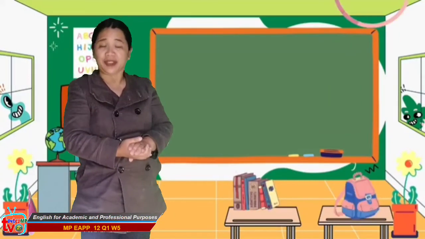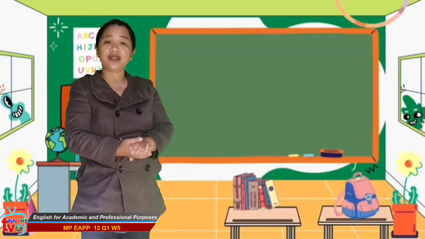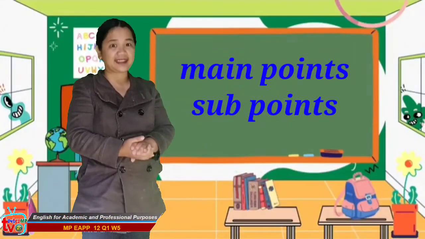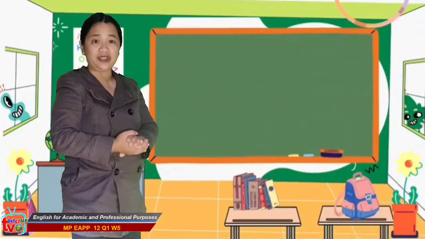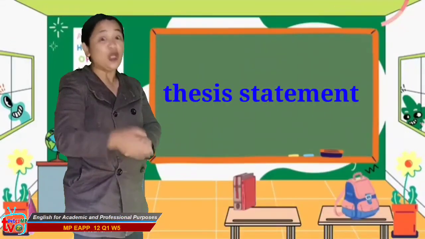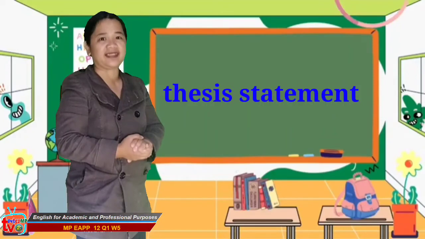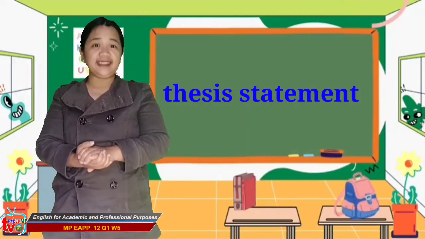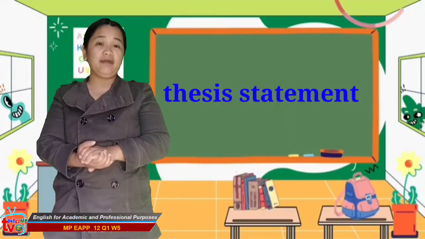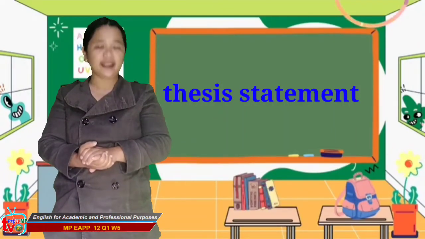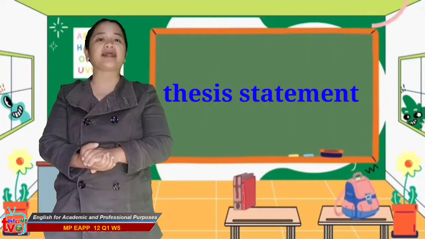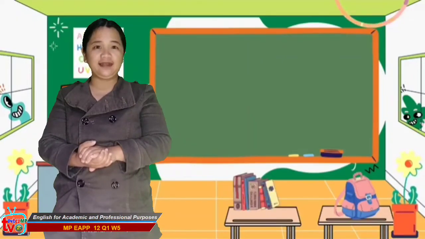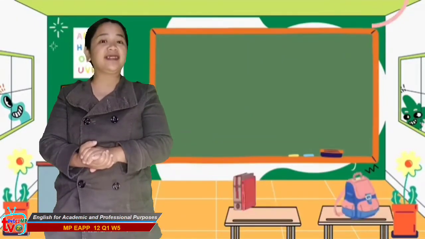Another point to consider in outlining is to identify the main point and the subpoints of a text. The main point is your thesis statement, which I believe you have learned in your past lesson. Thesis statement is important because this is the main connection of all parts in your work. Introduction, body, and conclusion.